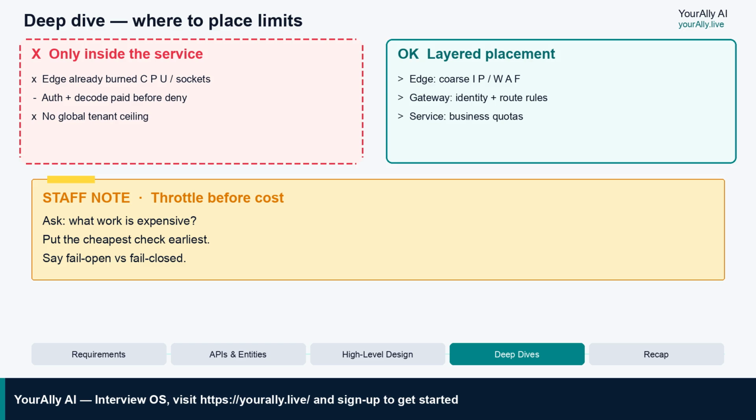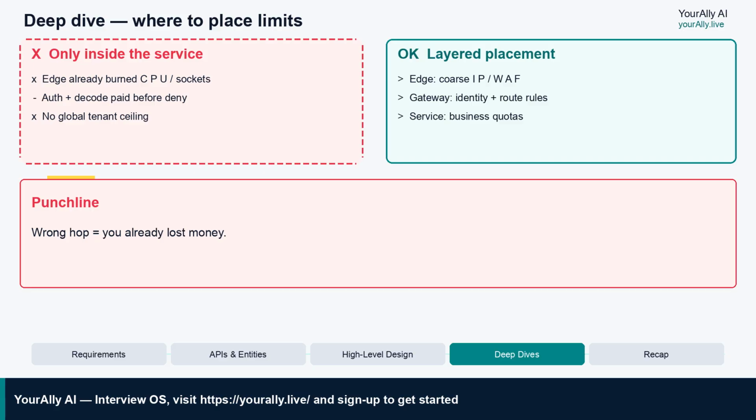Edge for coarse anonymous abuse, gateway for identity and per route policy, service for business quotas that need domain context. Always ask what work is expensive and how early can I deny. Staff note, fail open versus fail closed is not a footnote. Payments might fail closed. Public read APIs might fail open with alarms. Say the product call. Next, the algorithm that makes Redis INCR look incomplete.